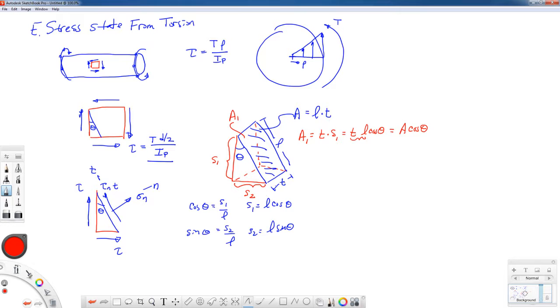In a similar way, area 2 is the thickness times S2. It's the thickness times L sine theta. It's the area of the slanted face times the sine of theta. Now that I have those areas, I'm going to multiply them by those particular stresses. So let me set up my force block, and I'll start it on this page where we have these areas defined, and then we'll do our equilibrium equations on the next page.